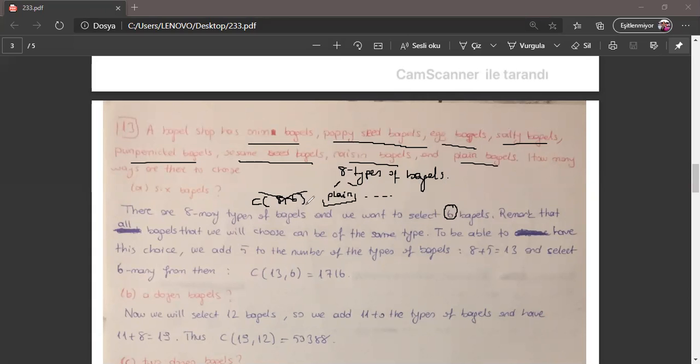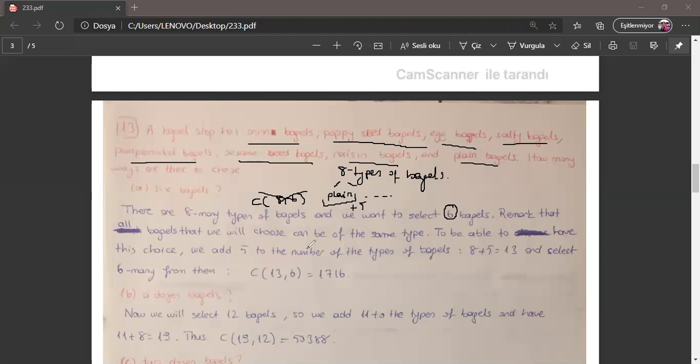To not have this, we add 5 more types. You can think of it like this: 5 other types. This is not valid for only the plain one, this is valid for all the other types of bagels.